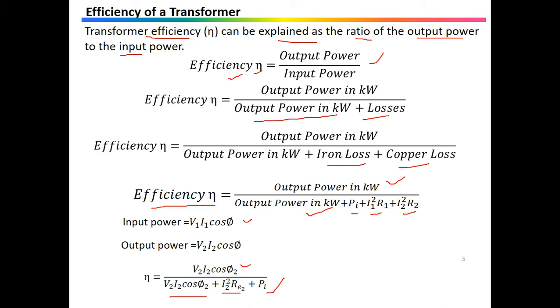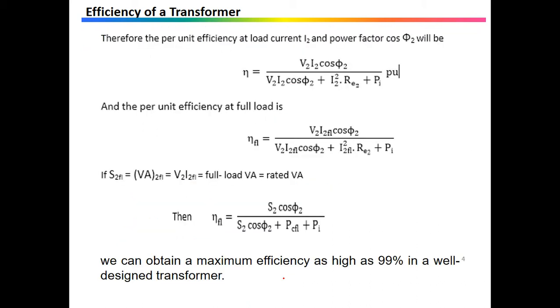We can write this further in terms of per unit efficiency at load current I2 for power factor cos phi2: eta equals V2 I2 cos phi2 over V2 I2 cos phi2 plus I2 square Re2 plus Pi, which is in per unit.